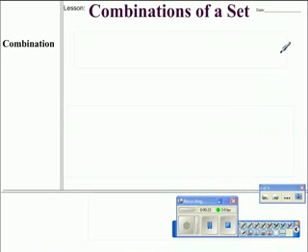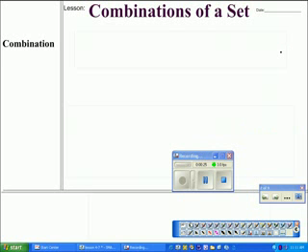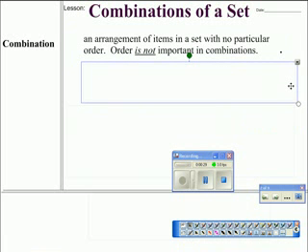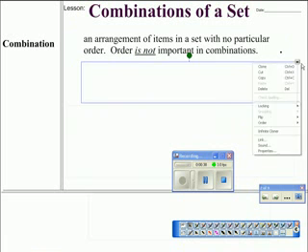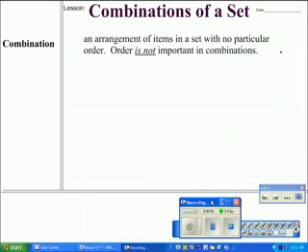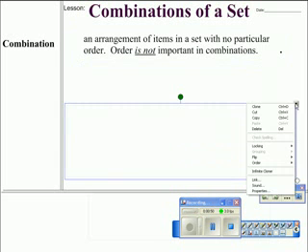So, a combination is an arrangement of items in a set with no particular order. So order is not important in a combination, which means stuff can be reused. There's also a formula with combinations.